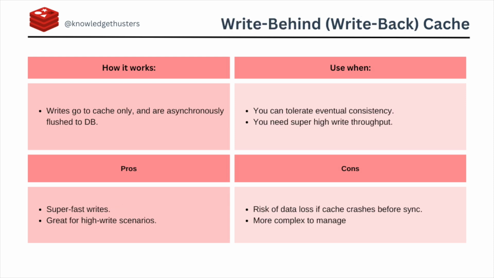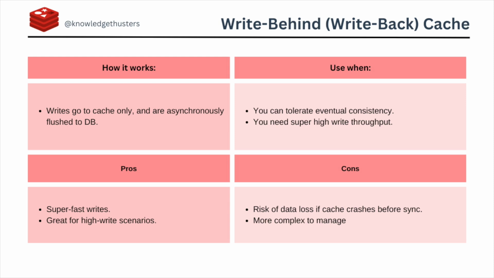The next strategy is write-behind cache. This first writes to the cache only, and then in an asynchronous manner, in the backend, it flushes to the DB as well. You should use this strategy when you have tons of updates per second, like real-time logging, because the database will have some latency.